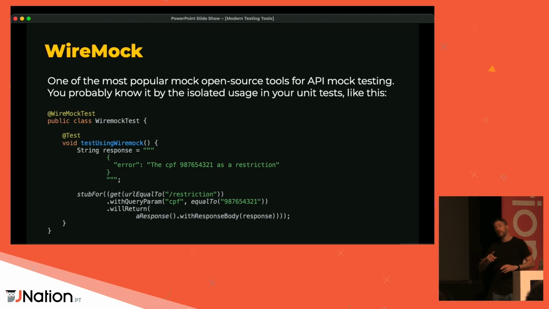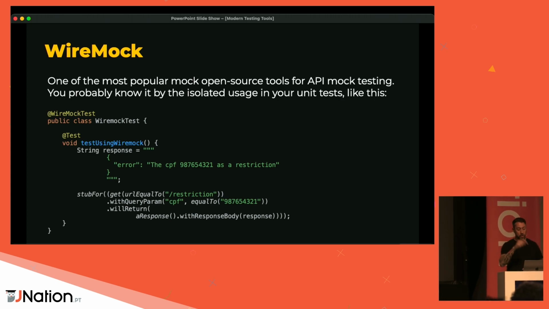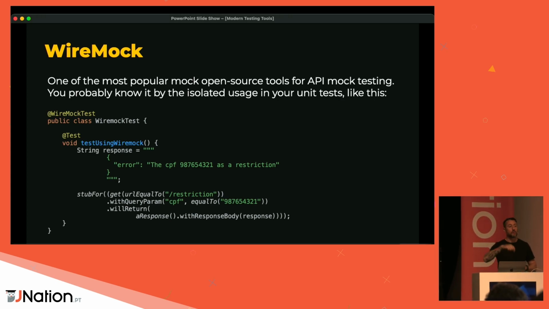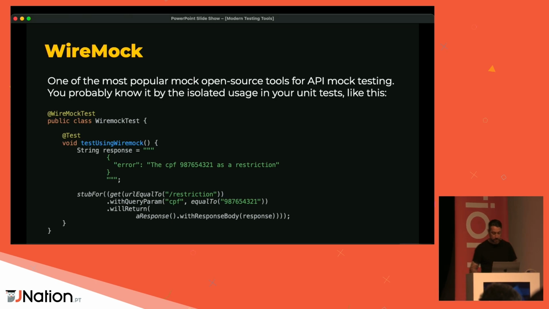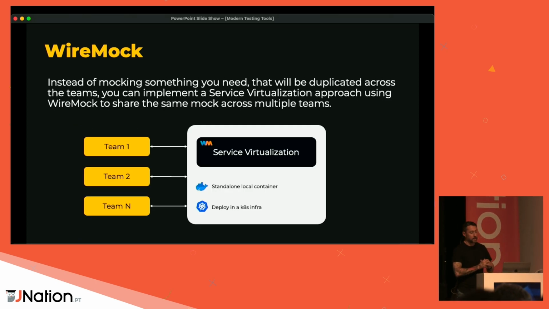I have a different way to show you how we can create exactly this using WireMock. I'm illustrating that we have a lot of teams that might use this mock, and instead of attaching it to my test, I'm creating a service virtualization approach. What is a service virtualization approach?